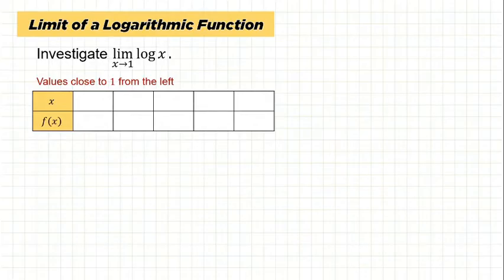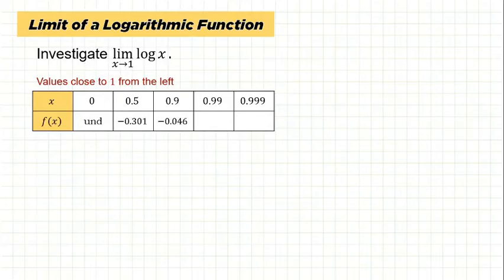So values close to 1 from the left. I consider the following values. We have 0, 0.5, so it moves closer and closer to 1 from the left: 0.9, 0.99, 0.999. So evaluating the function at these values of x, we will have undefined because log of 0 does not exist. Log of 0.5, we have negative 0.301.